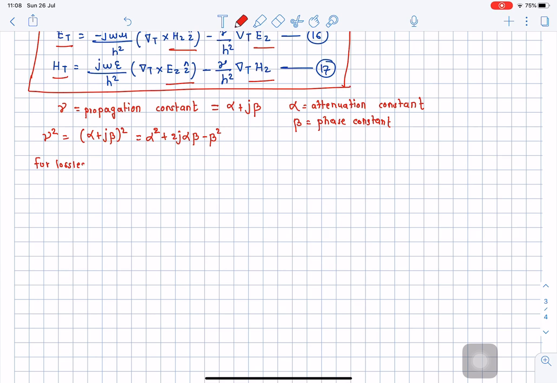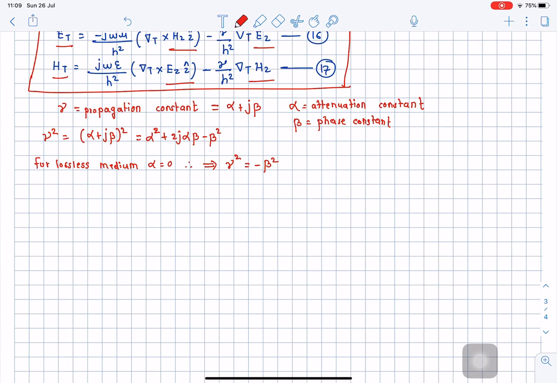For a lossless medium, the attenuation is 0. For a lossless medium, alpha is 0, so when alpha is equal to 0, gamma square will become minus beta square.